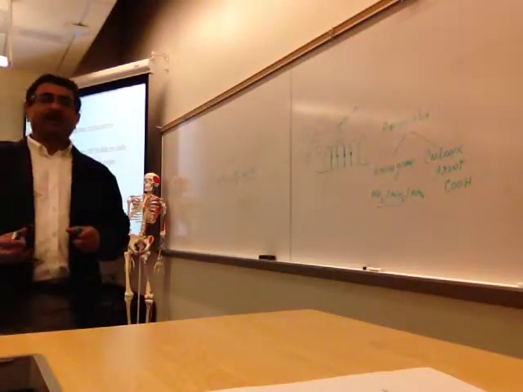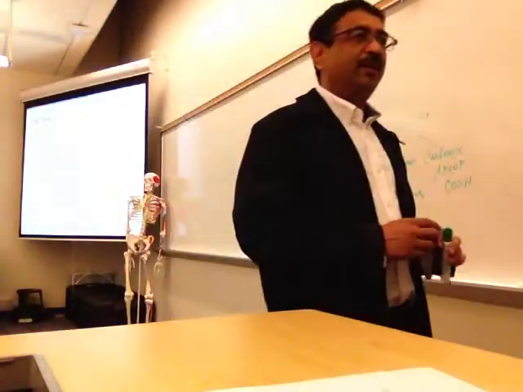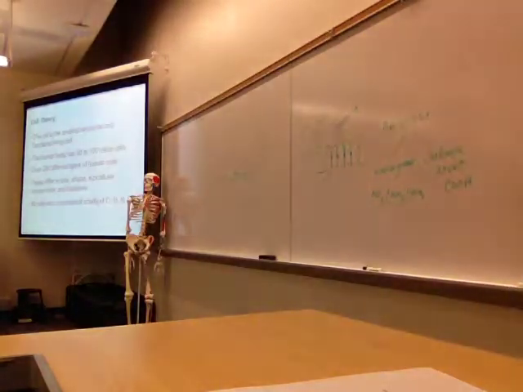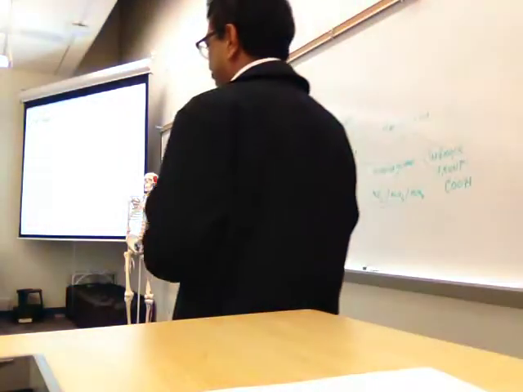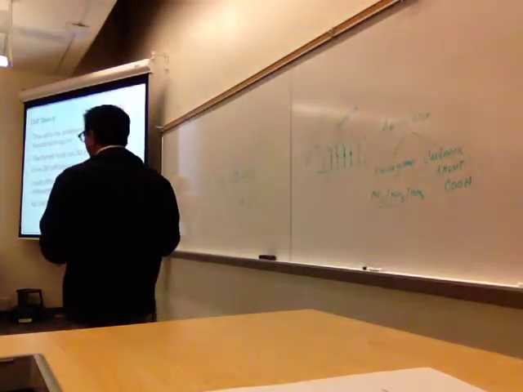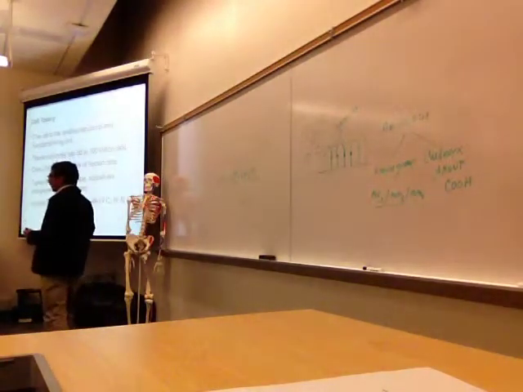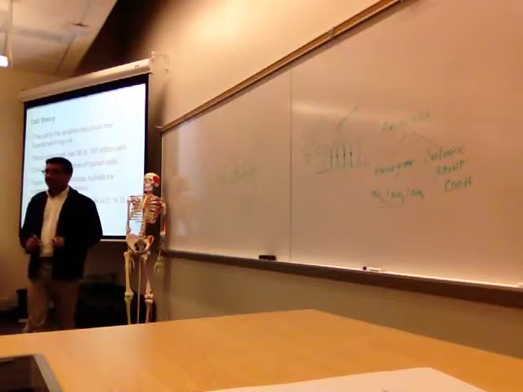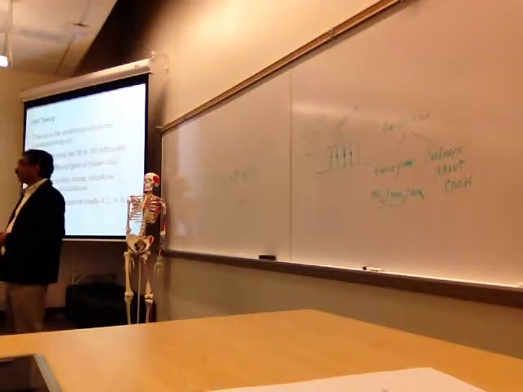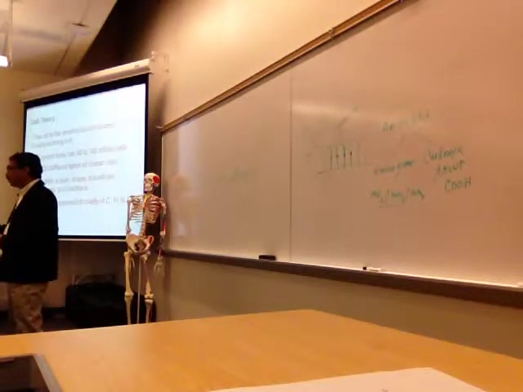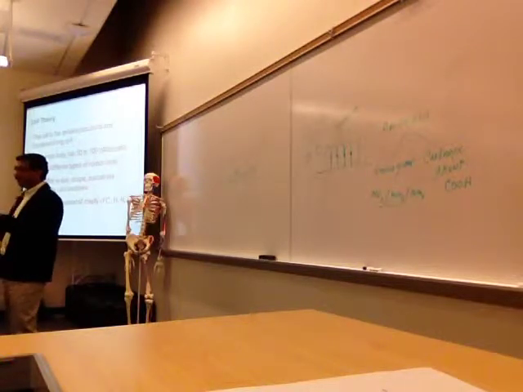So, huge number of cells. Those cells are present in more than 200 different forms, different types. So, our body cells are different in shape, size, color, function. Okay?